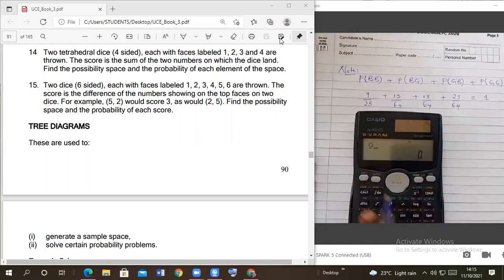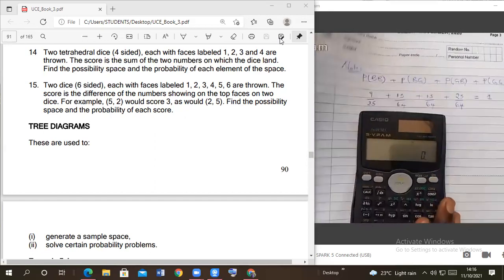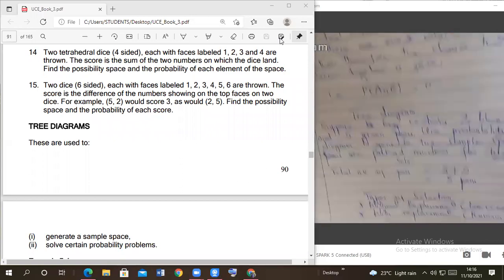So I have 9 over 64, sorry, plus 15 over 64 plus 25 over 64. I'm wondering where we are getting this 25 from.